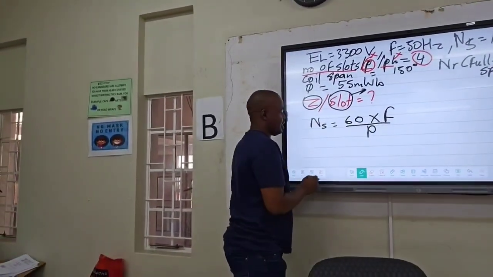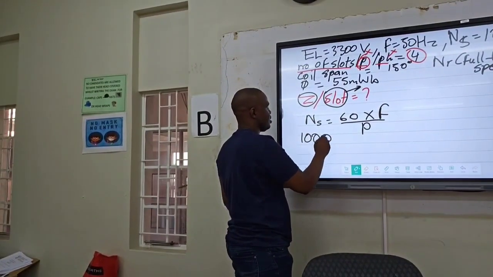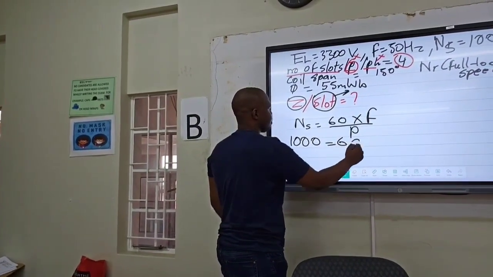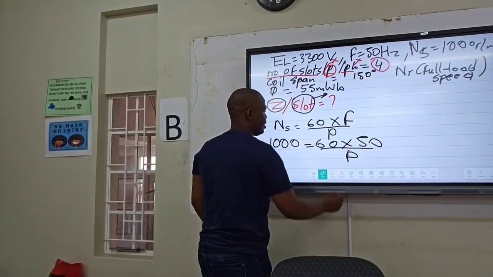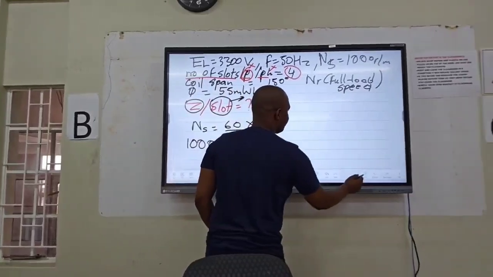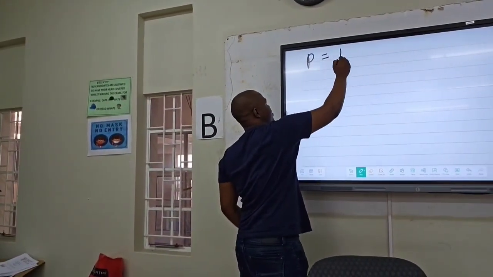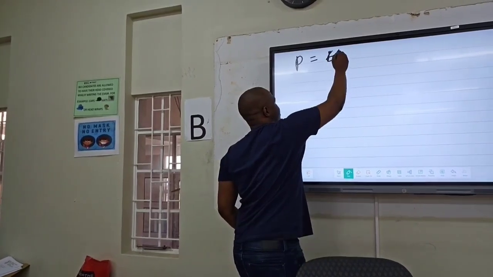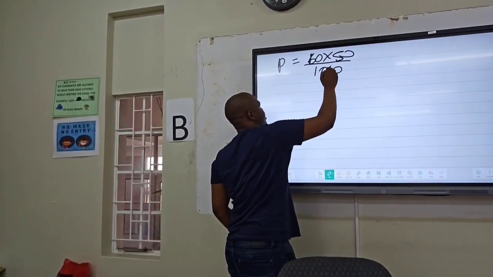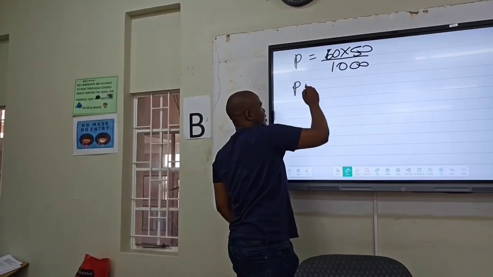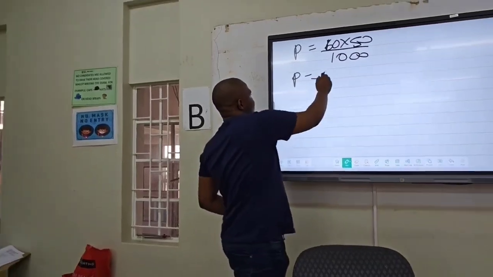So here now we have 1000 revolutions per minute. N equals 60 times f over P. I'm making P the subject of the formula. So P is going to be 60 times 50 divided by 1000, which is 3.